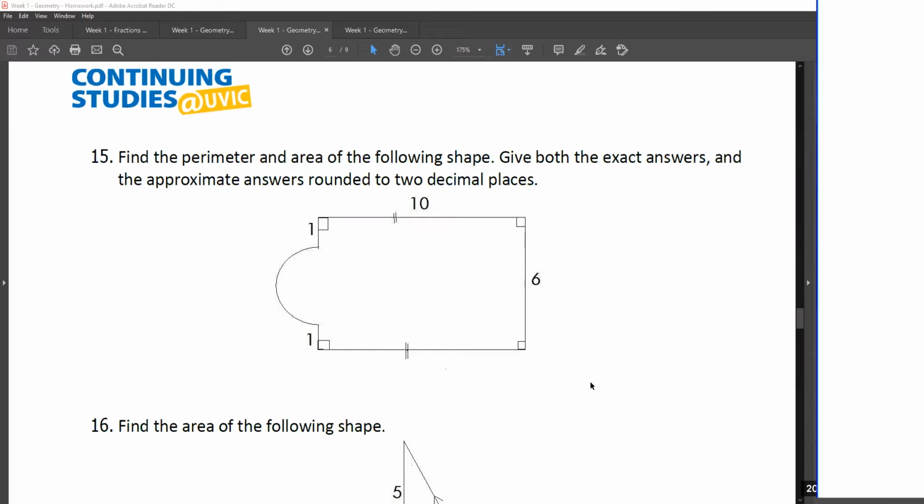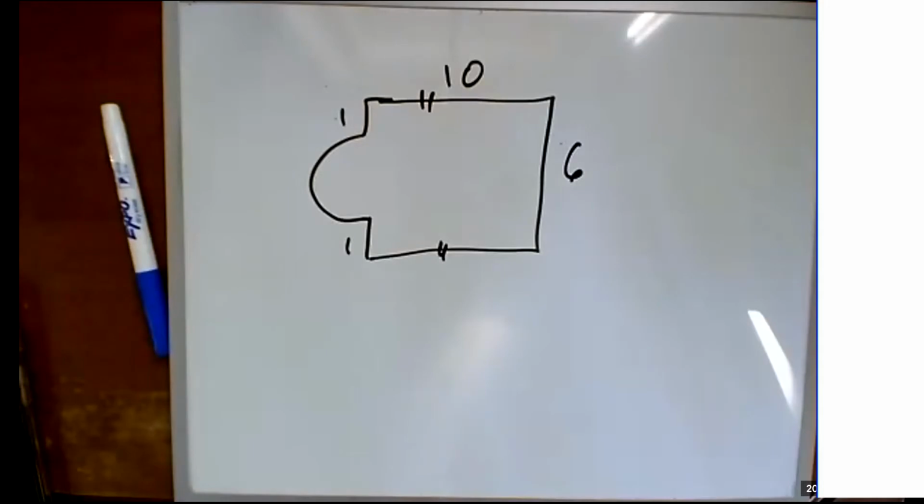So we have a shape that is mostly looking like a rectangle that somebody stuck a half circle on one side. And there's the shape. And we want to know both the perimeter and the area.